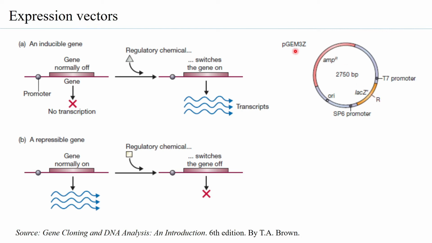But since it is an expression vector, you can see that flanking the lacZ prime at one end is a T7 promoter and at the other end is an SP6 promoter. Now here there is a catch. Ideally, you should have a promoter that is that of the bacteria. Suppose you transfect this into E. coli, then the E. coli RNA polymerase should recognize this.